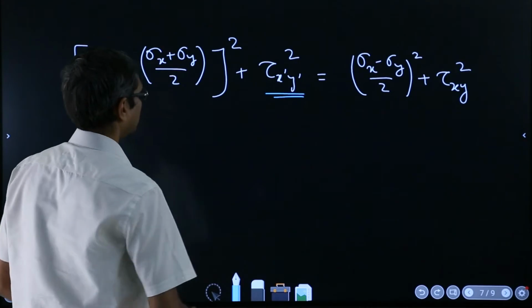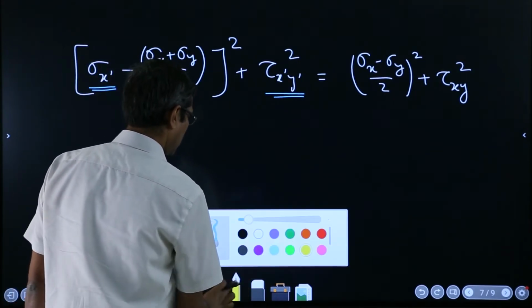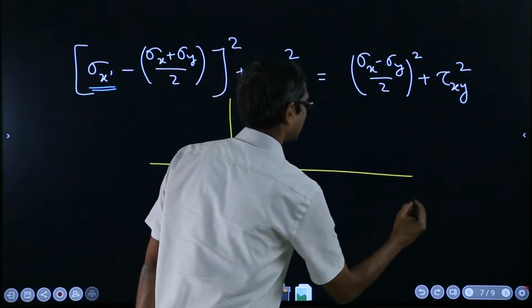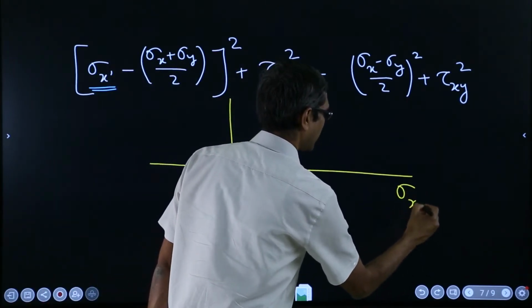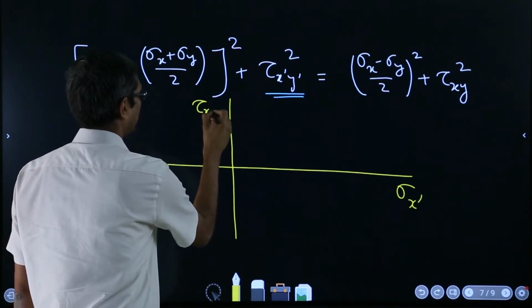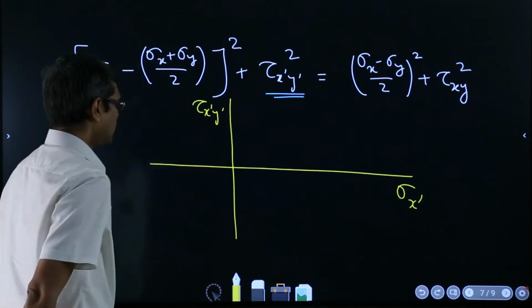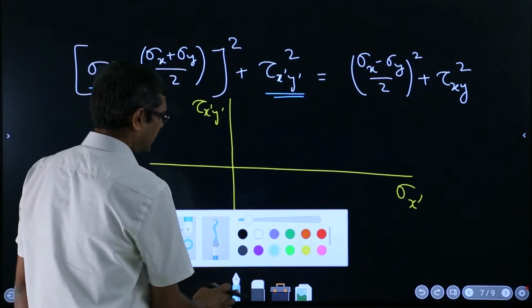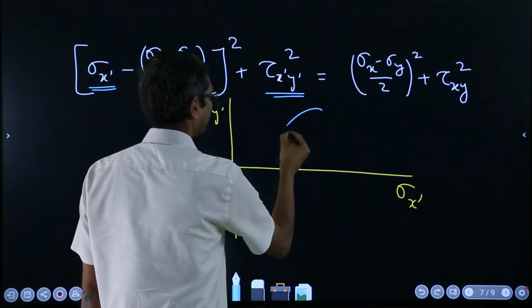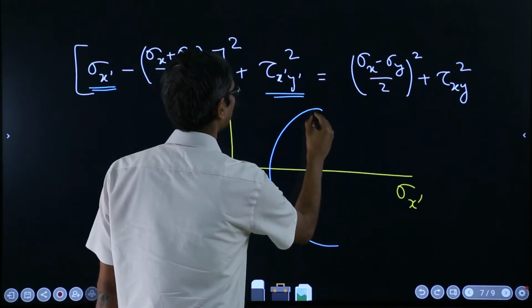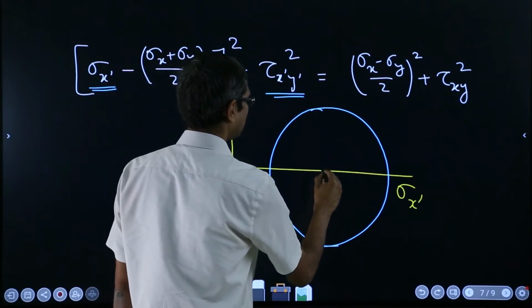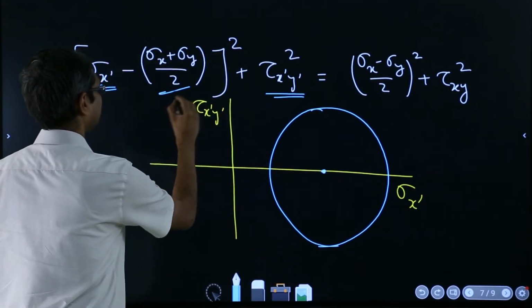So, if I would like to draw something like this, the x axis we say is sigma x prime, the y axis we said is tau x prime y prime. So, this equation will trace basically a circle, whose center is this.